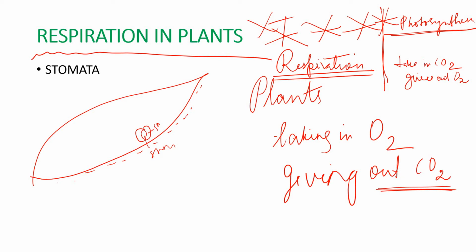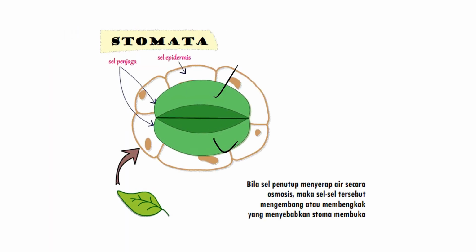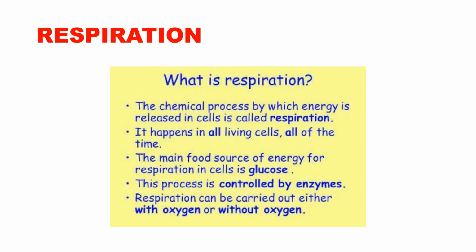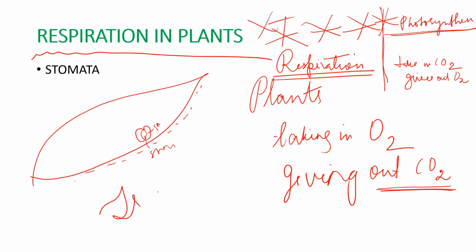Stomata are also involved in the processes of photosynthesis and transpiration, besides the exchange of oxygen and carbon dioxide in plant cells. So they not only exchange carbon dioxide and oxygen, but they also release water, and when water is lost out of the plant body, that process is called transpiration.